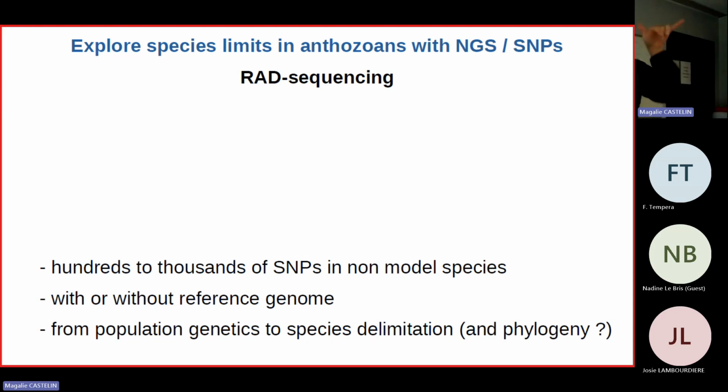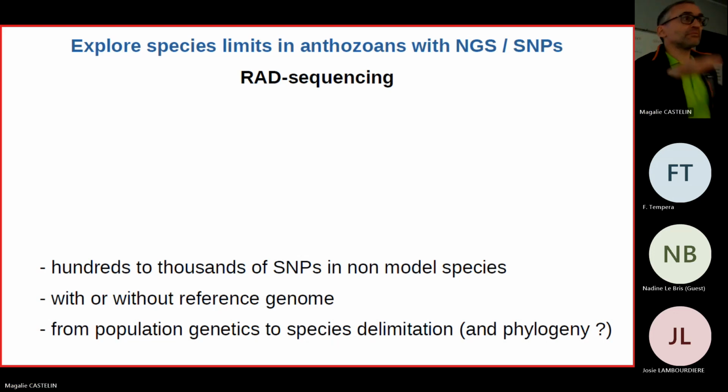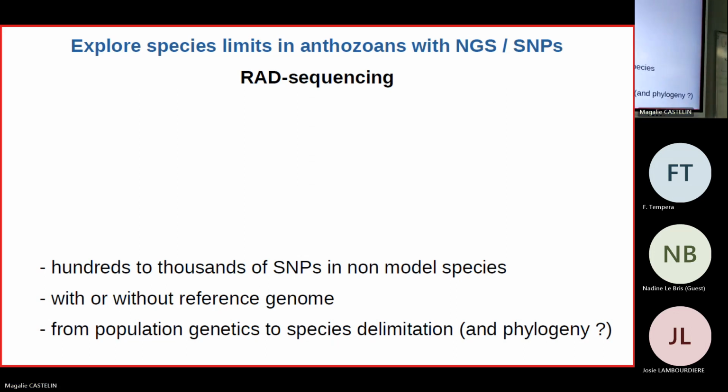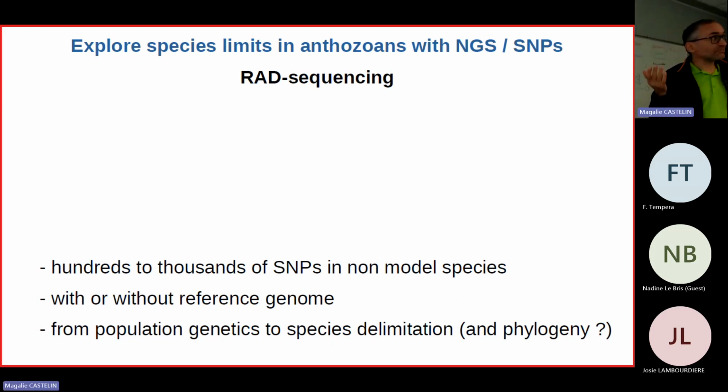With that, you can compare these short sequences among the different samples you analyze, either samples from the same species or different species. And it's very useful because you can get hundreds to thousands or tens of thousands of independent markers in non-model species. When I say non-model, that means that you can do this in species where you don't know the genome, but it's better if you have a genome, the analysis is a bit easier.